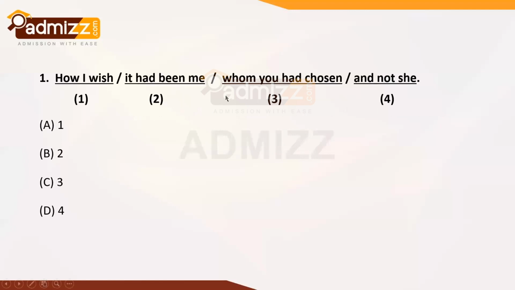So we've got a sentence: how I wish it had been me whom you had chosen and not she, right? So you have to figure out which part of this sentence is grammatically incorrect. All right, I'll be waiting for a few participants to send their answers.